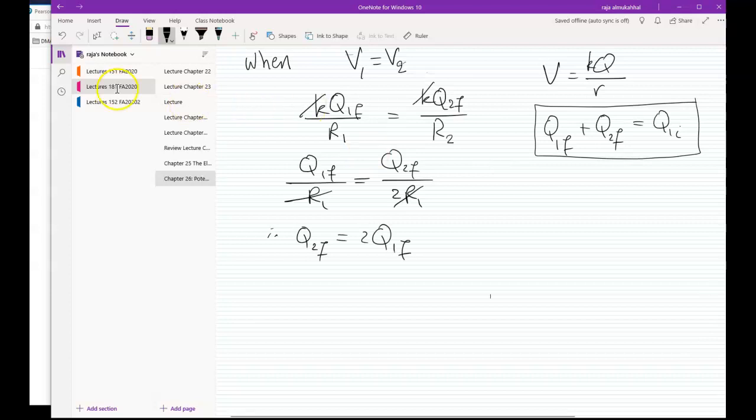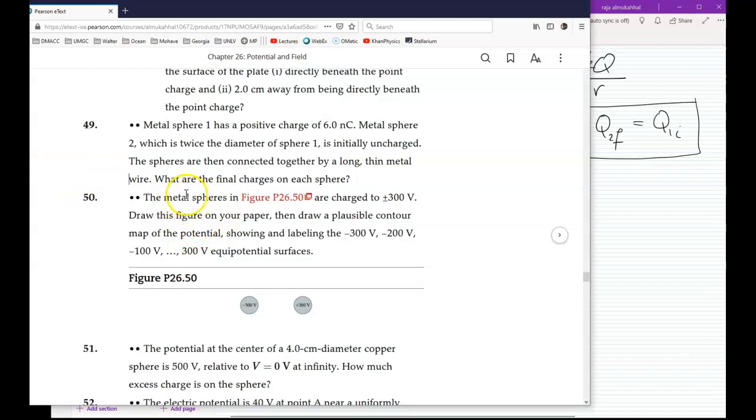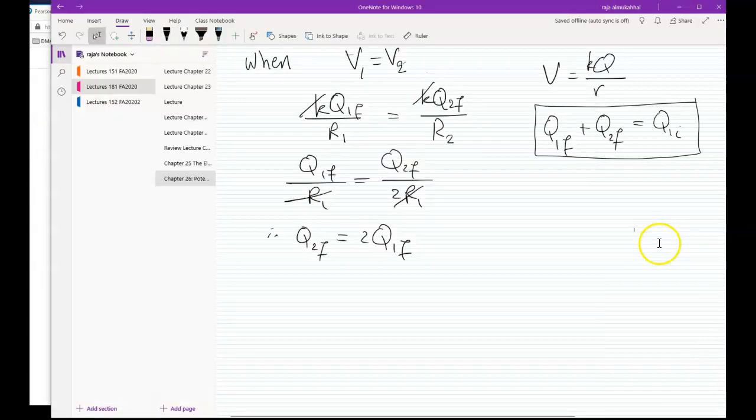What is the final charge on each sphere? Yeah, we want Q1F and Q2F. So Q2F, the charge on the second sphere, is going to be twice the charge on the first sphere final.